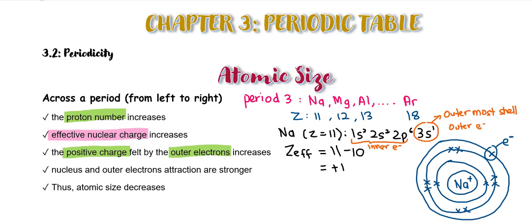When that happens, the attraction between the nucleus and the outer electrons becomes stronger. Thus, the atomic size decreases. So we can see from sodium to argon, the atomic size decreases.